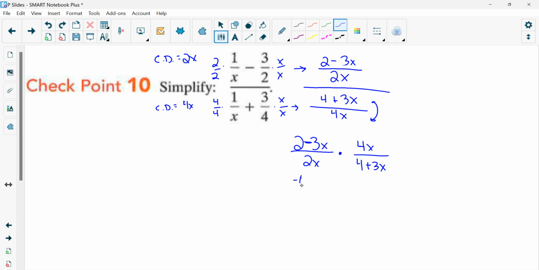So negative parenthesis 3x minus 2. 2x is really 2 times x. 4x is 4 times x. And the bottom, I can't pull out a GCF, but I'm just going to write it so the x comes in front: 3x plus 4.